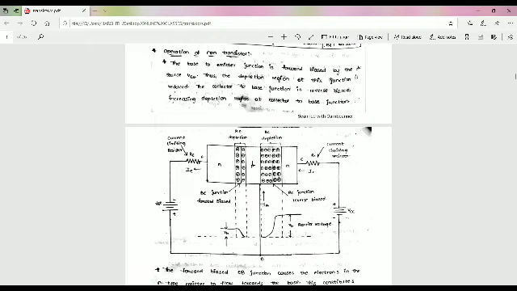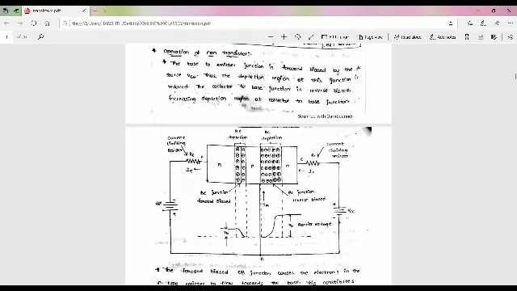The remaining large number of electrons cross the base junction and move through the collector region towards the collector terminal and next to the positive terminal of the battery. This constitutes the collector current IC.